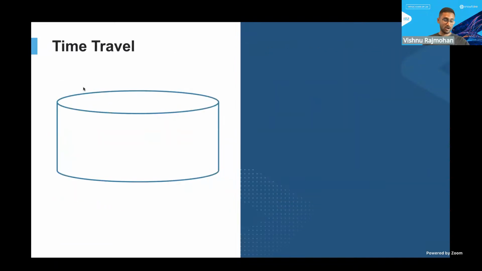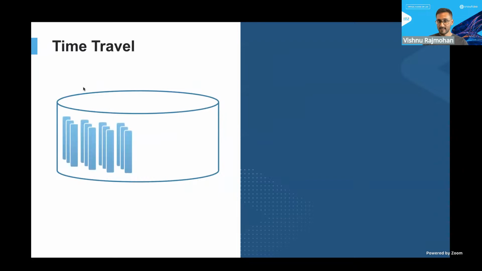The other cool feature that micropartitions create for us is time travel. And this is really interesting, right? So you can have, let's say, the following micropartitions at a particular timestamp T0, and all of this is recorded within Snowflake.